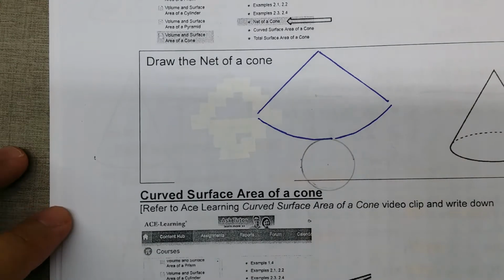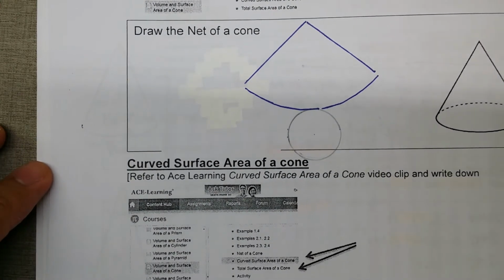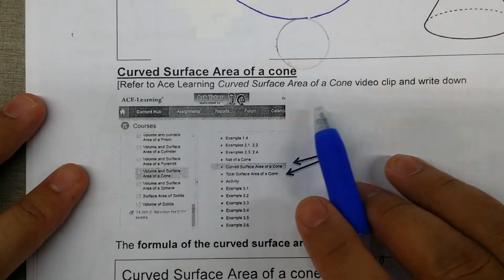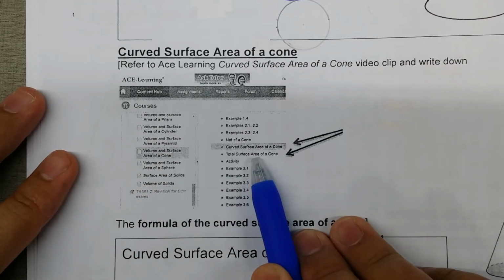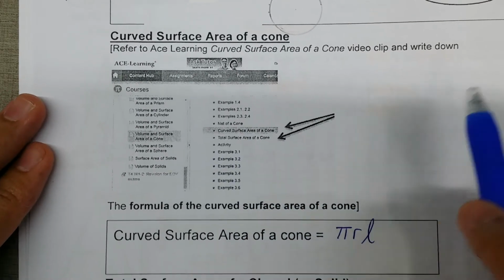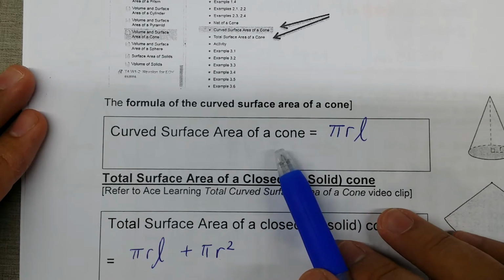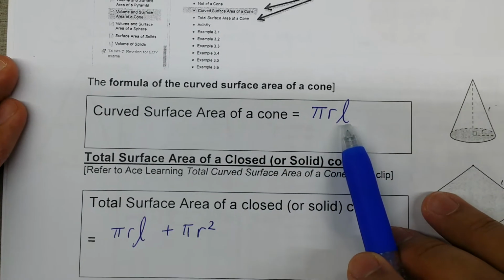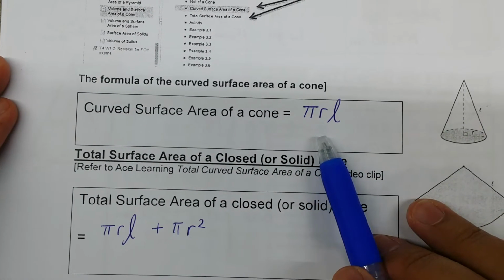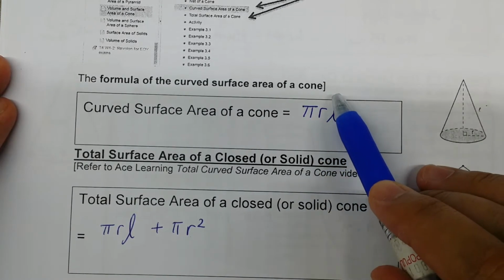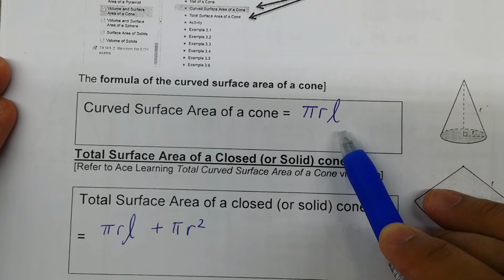Now let's study the curved surface area of a cone. Refer to ACE Learning curved surface area of a cone. Again, click on this when you say curved surface area of a cone. The formula given to you, if you didn't copy down, is actually pi RL. The way I write my L is slightly different, I write a very sexy L, curve this way. Why is it so?